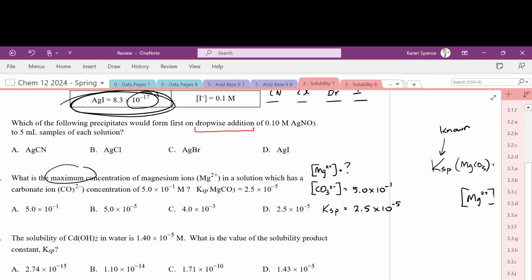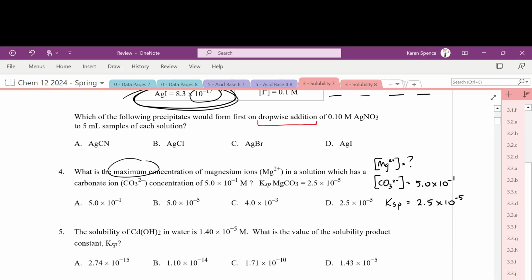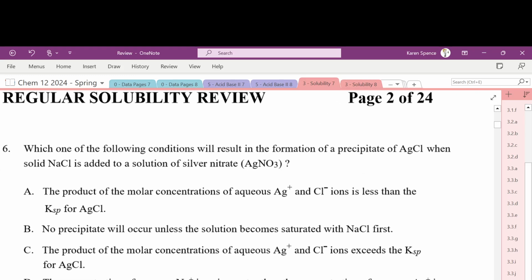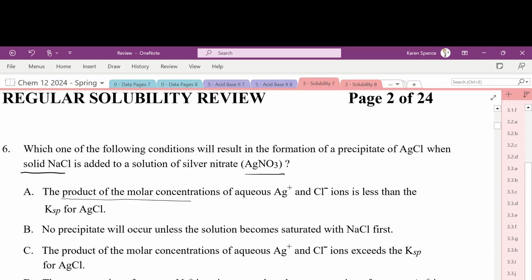Yes, Samira. Number 6. Which one of the following will result in the formation of a precipitate of silver chloride when solid NaCl is added to a solution of silver nitrate? The product of the molar concentrations of silver and chloride, what that means is we're taking the concentration of silver and multiplying it by the concentration of chloride.